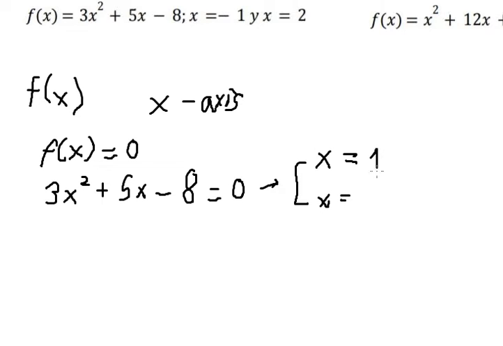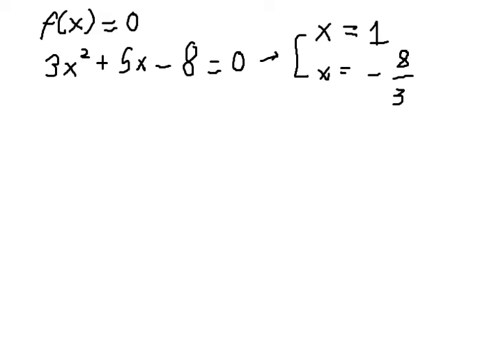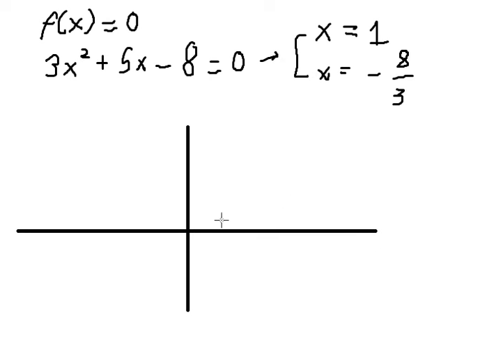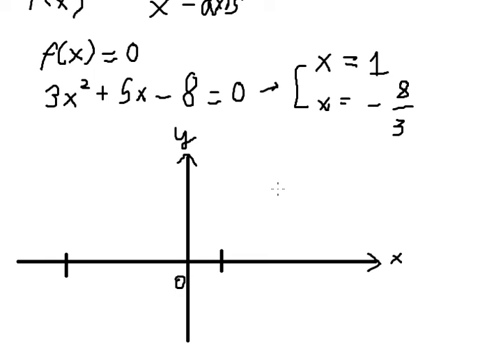So we got s equal to 1 and s equal to negative 4 over 3. So we need to graph the function in here. So the graph should be like this.